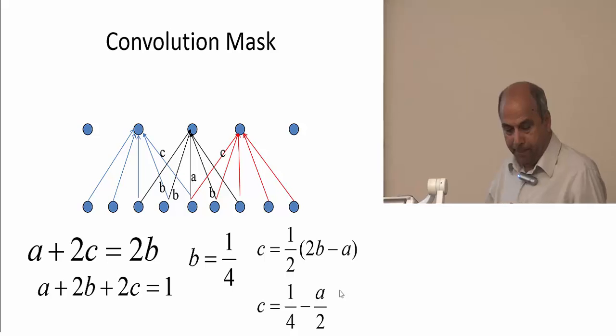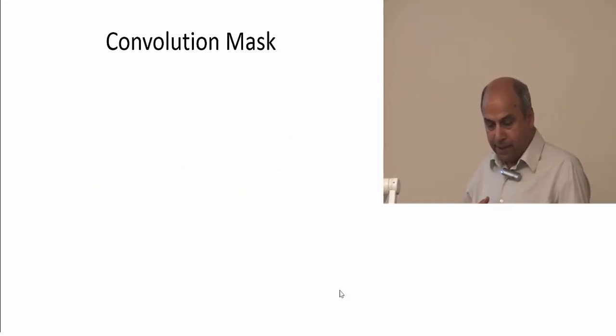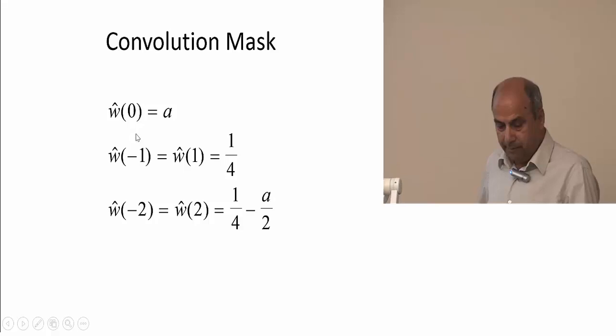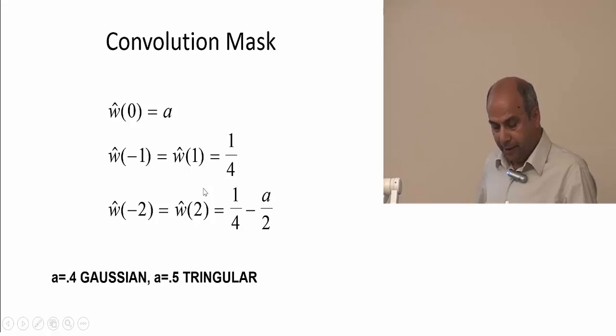So this mask will be determined by A, and these weights are W of 0 is A, W of minus 1 is B, W of minus 2 is C, and they are symmetric, so W of minus 1 and W of 1 are the same, W of minus 2 and W of 2 are the same. So that's it.